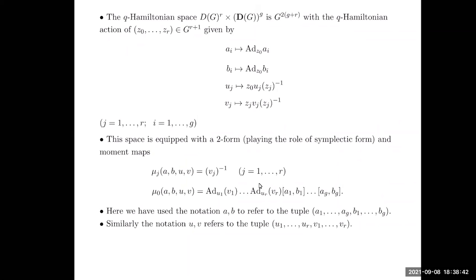This is just 2g copies of G plus r copies of G cross G. And you have to keep track of what is the quasi-Hamiltonian action of r plus 1 copies of G on that. So it's basically the A's and B's get acted on by the adjoint action, and U and V get acted on by left and right multiplication.